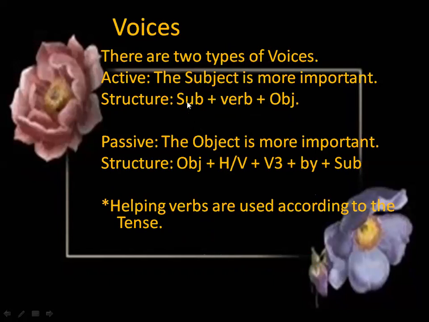When the subject is the most important thing in the whole sentence, we put the subject first, then verb, then object, then the extra part, whatever is in the sentence. But whenever the object is the most important thing, then we use passive voice. The object is the thing on which the work is performed. It is not always necessary that the end word of the sentence will be the object.